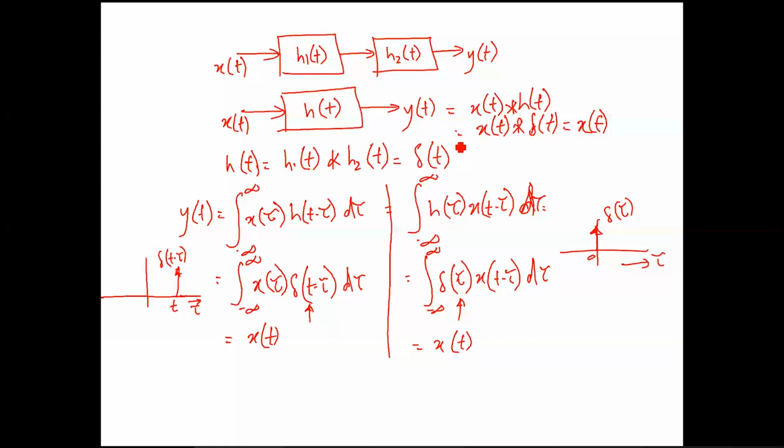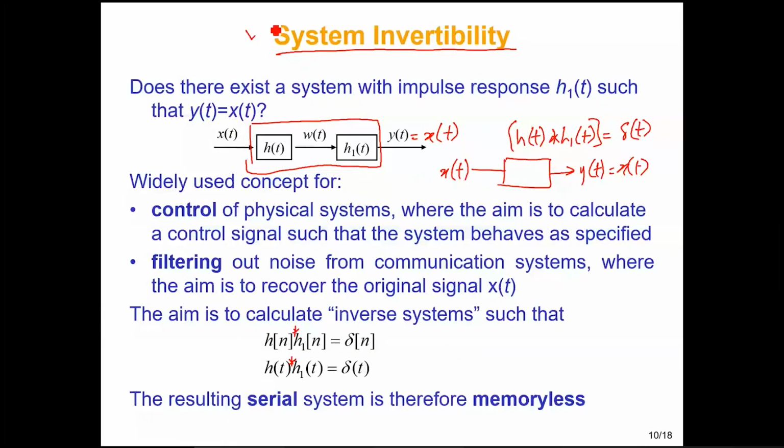But the take home message otherwise is that convolution of anything with an impulse gives you the same thing back. So if you convolve anything with delta t, you end up getting the same thing back. This was the take home message from this example. So this was system invertibility looked at in a different way.